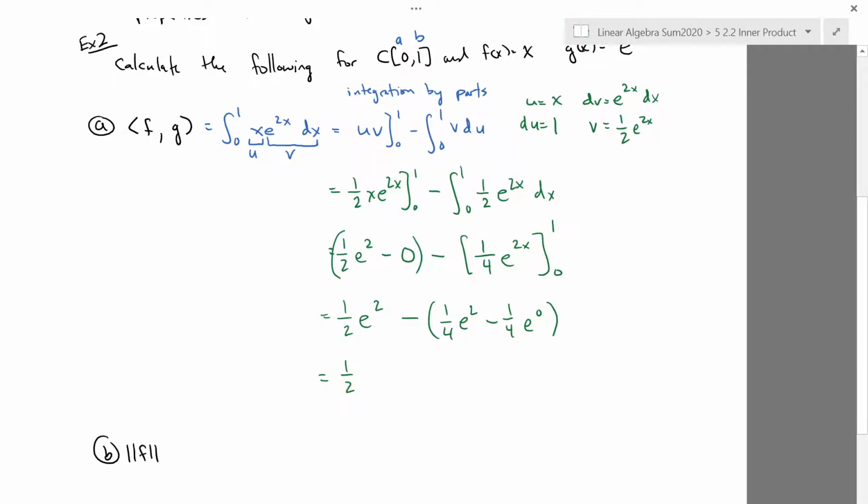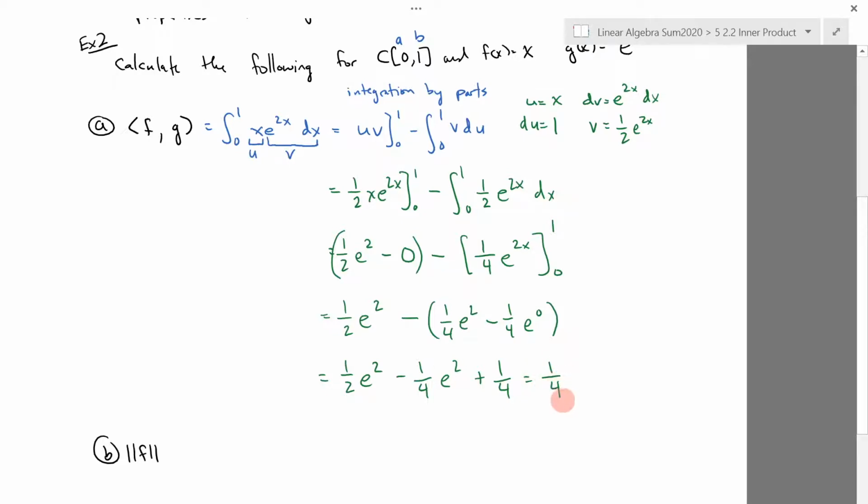Right, so I get 1/2 e squared minus 1/4 e squared. Then minus minus becomes a plus. And then e to the 0 is 1, so this is 1/4. And then these are like terms, so 1/2 minus 1/4 is 1/4.